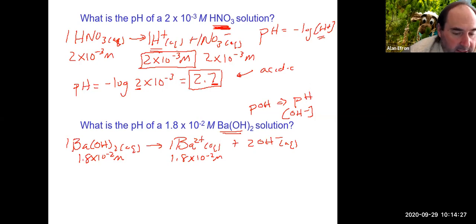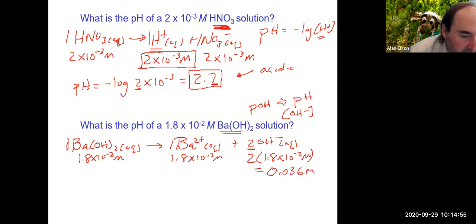But when we look at the hydroxide, it's a 1-to-2 relationship. So what you need to do is multiply the concentration by 2 to get the correct hydroxide concentration. That would be 2 times 1.8 times 10 to the minus 2, which is 0.036, our hydroxide concentration.